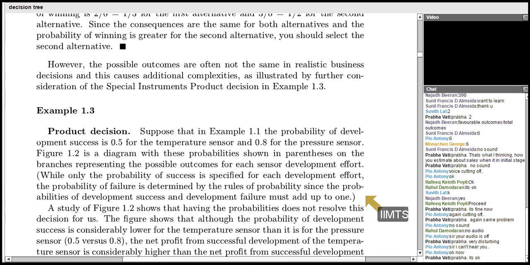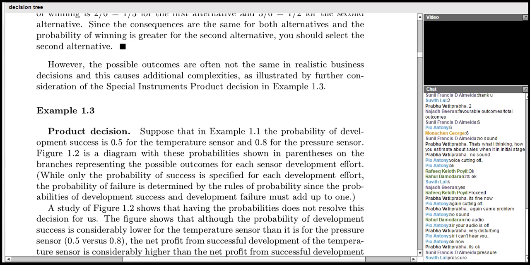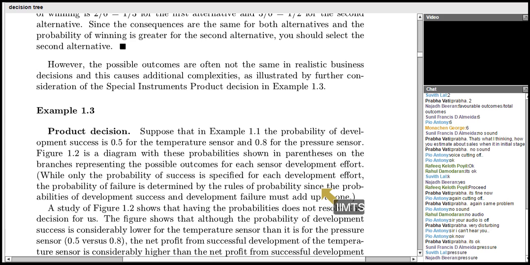Okay, now, the probability. I asked a question. Which probability is higher? Is it to develop the temperature sensor or the pressure sensor? Good.